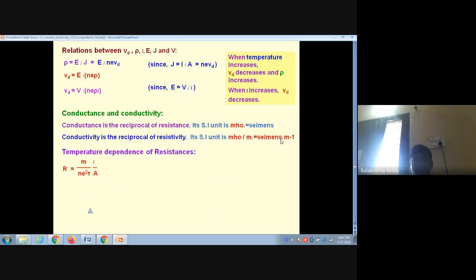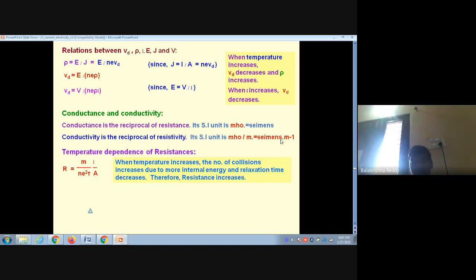Temperature depends on resistance. One more important factor: resistance of the material increases with temperature. If the temperature of any material increases, its resistance also will increase, right? Temperature coefficient of resistance.